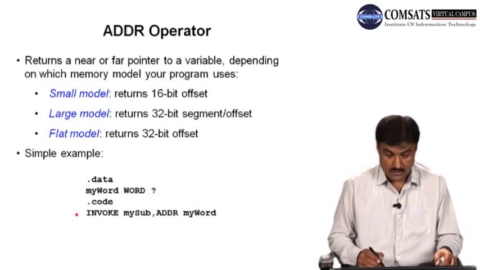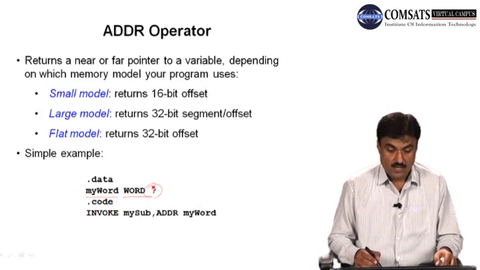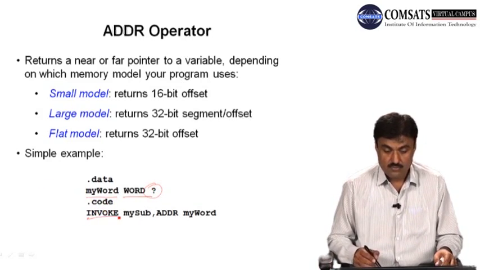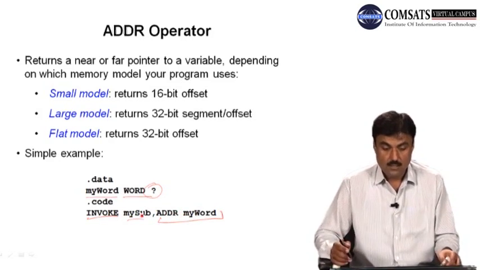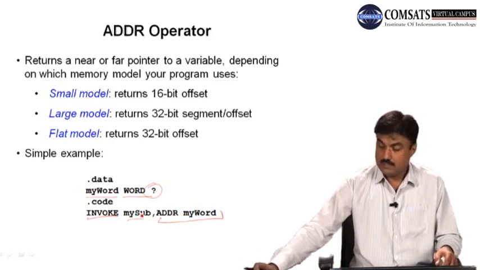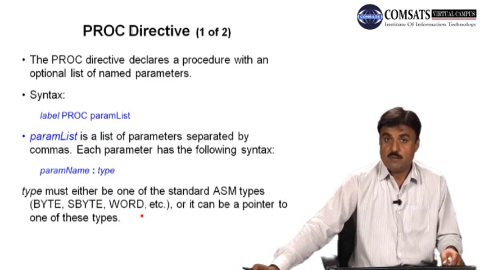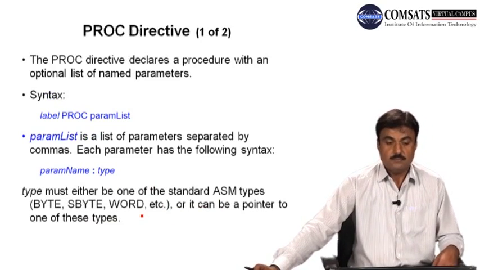For example, here you can see myWord is a word, and it is not assigned any value. In code we use INVOKE mySub and ADDR myWord, so the address of myWord will be passed to mySub. It depends on which memory model you are using.